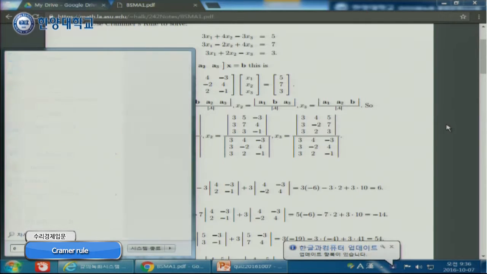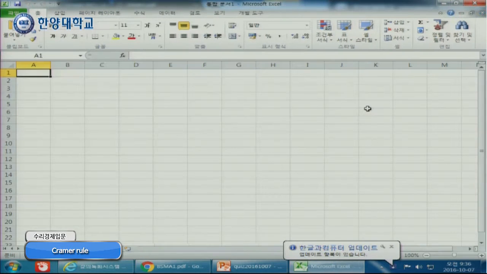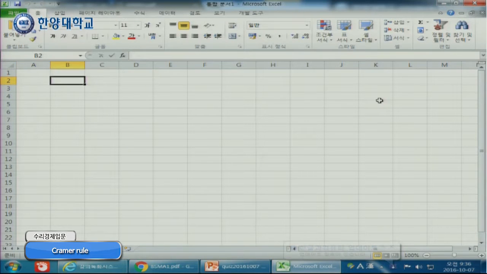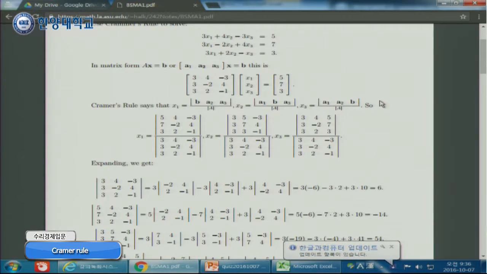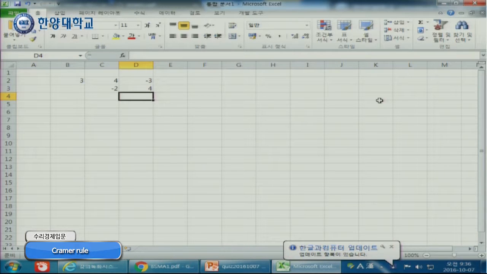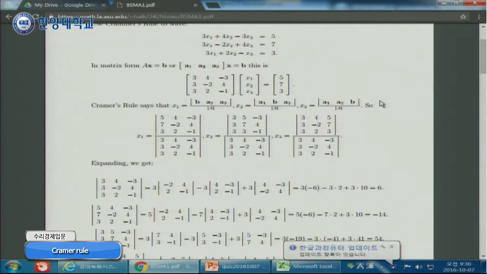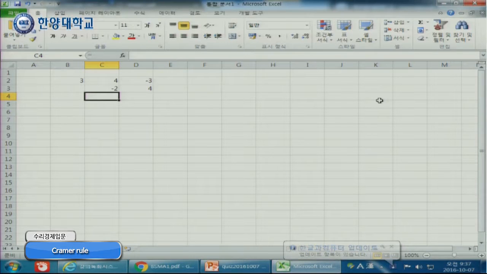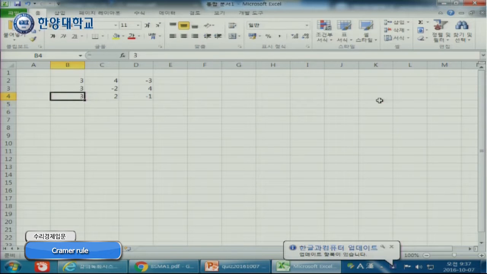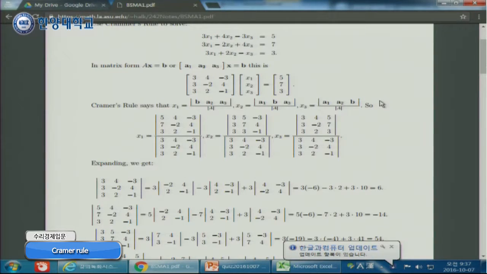We can write Excel Visual Basic, which is easier, but in this case, let's just use worksheet functions. So this is the A matrix, and the B matrix is this one.